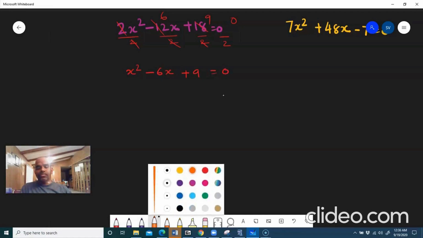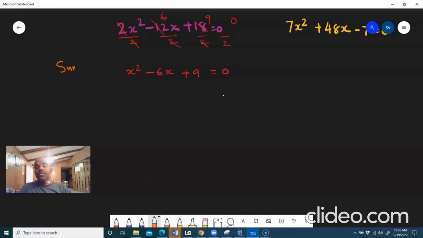In factorization, most of the time we will use the method called sum and product. We need to figure out two numbers which will give you the product as the constant, the last term.